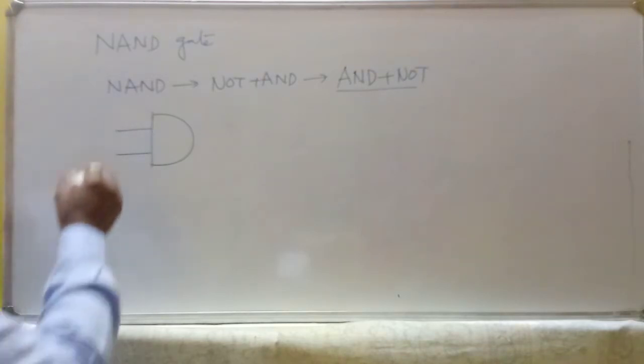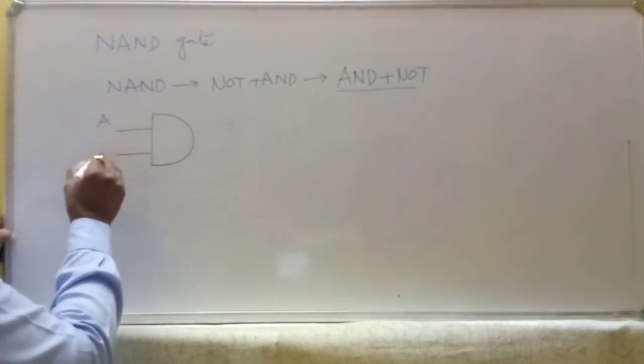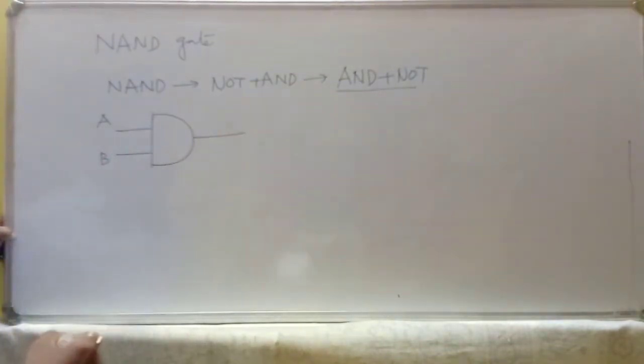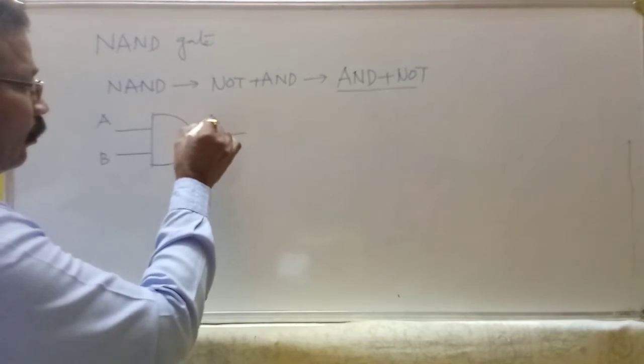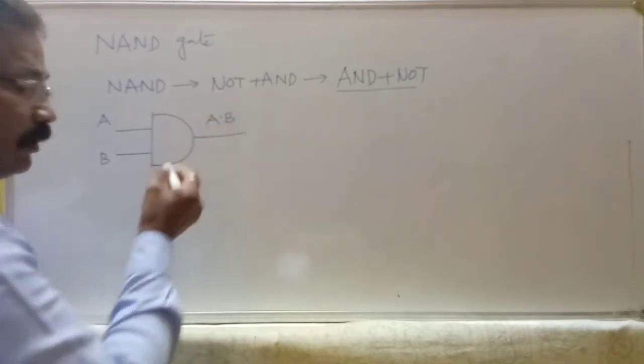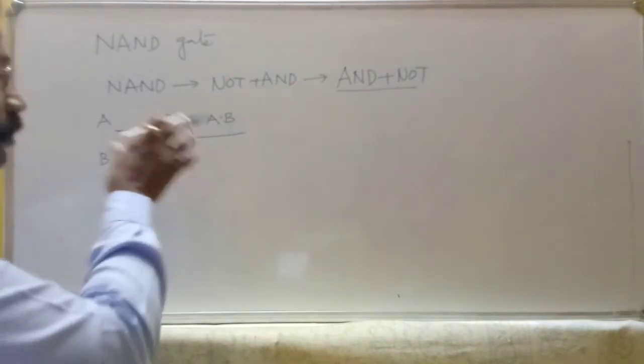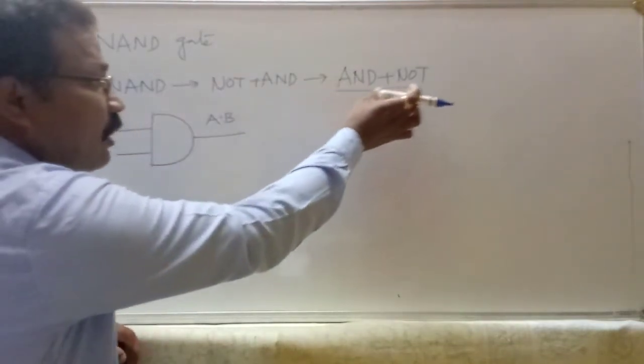For example, here we are taking only two inputs, A and B. And this is the output. What is this output? AB, A multiplied with B. The NAND gate is a combination of AND plus NOT.